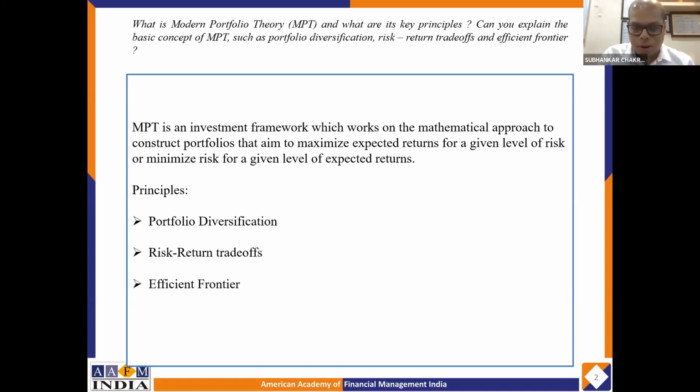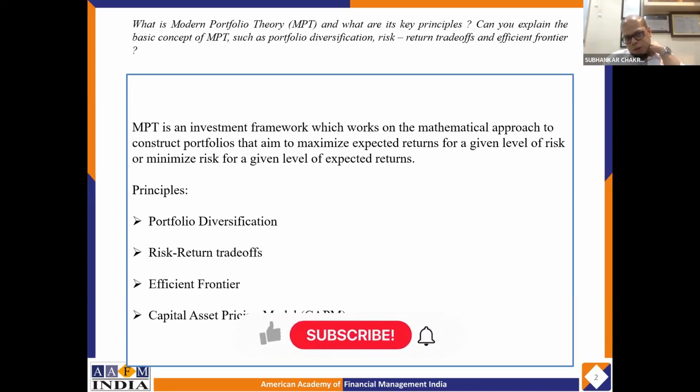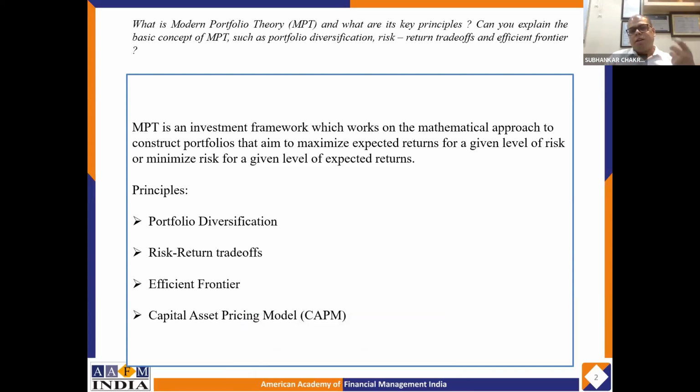Okay. And CAPM is basically an extension of modern portfolio theory. CAPM is the capital asset pricing model. This helps you to estimate the return which you should be expecting from a particular asset class, depending upon the risk that the asset class has compared to that of the market, and that is denoted by beta.